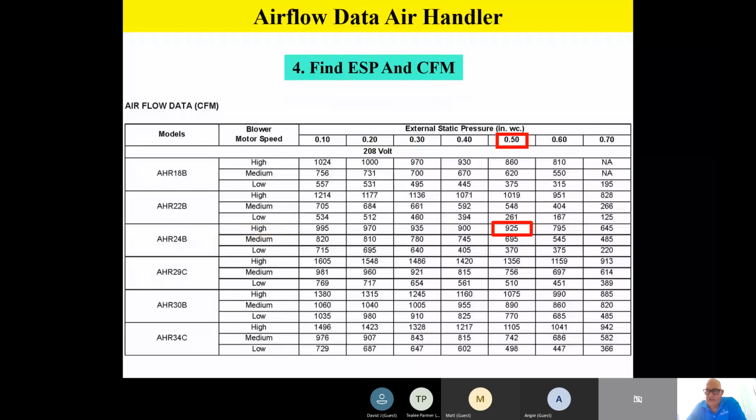And I'm actually measuring a static pressure of 0.50 with my Magnehelic gauge. Supply and return static pressure, 0.50 total. And I correlate that down, and so that air handler on high speed tap, 212 volt, in our example, 0.5 inches of static, is actually blowing 925 CFM through that air handler.